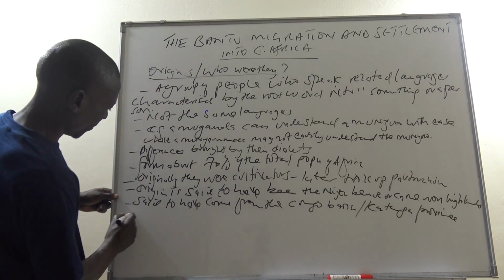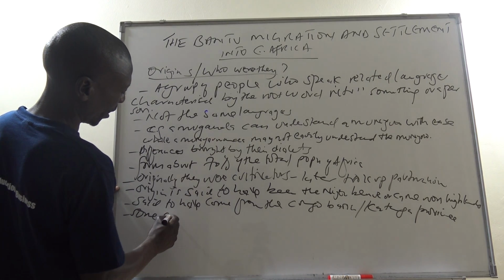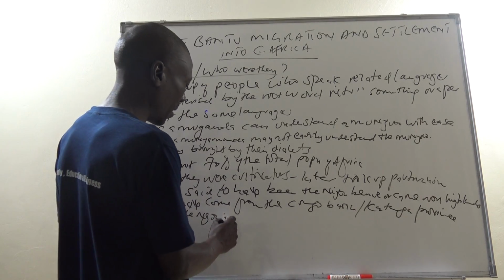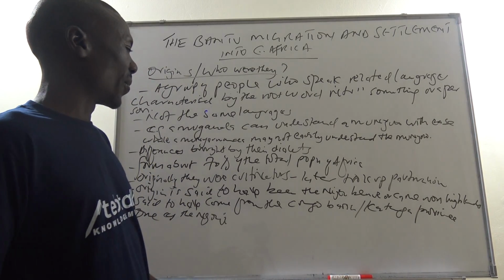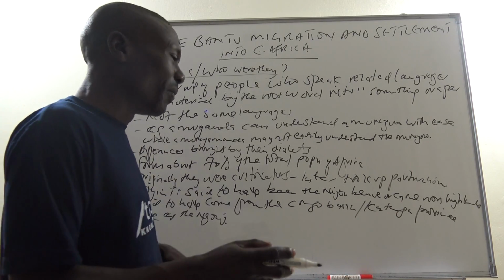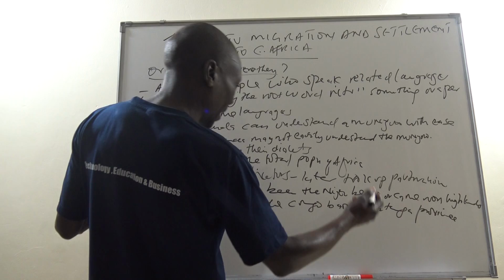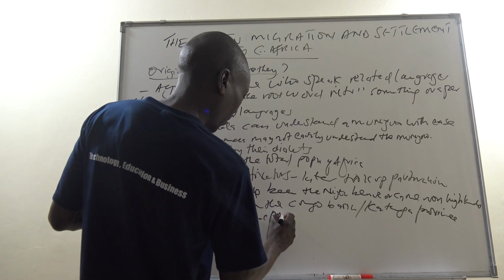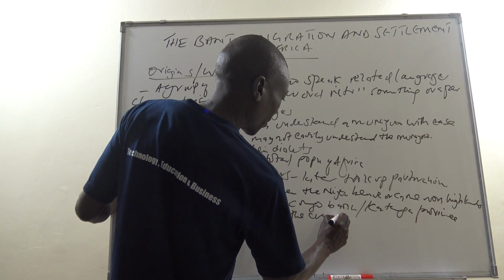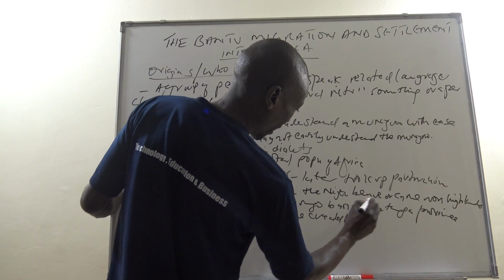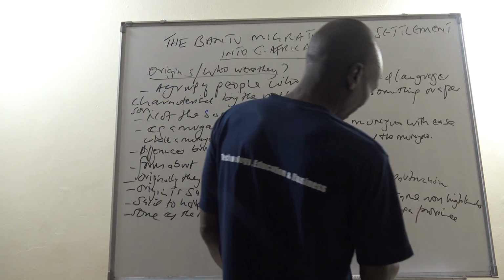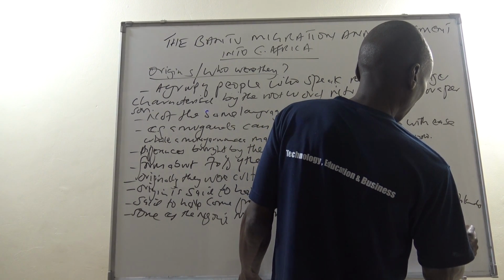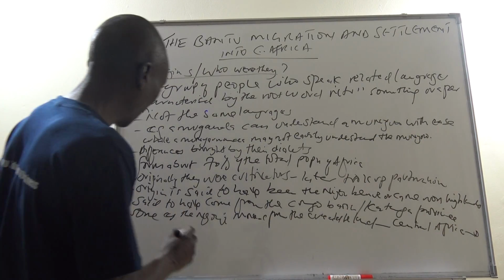Some of them, e.g. the Ngoni, and of course the Ngoni is the last batch of the Bantu group to arrive in East Africa. So some of them moved from their homeland, from their cradle land, could be Cameroon or Katanga province, and by cradle we mean homeland, through Central Africa, and then to South Africa.